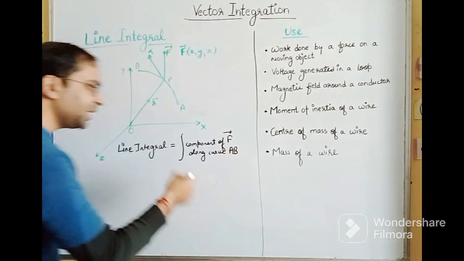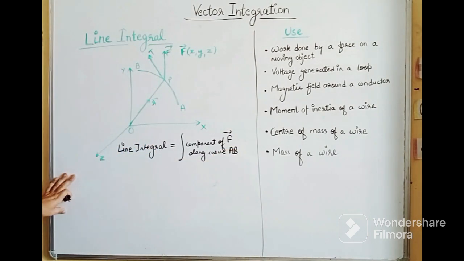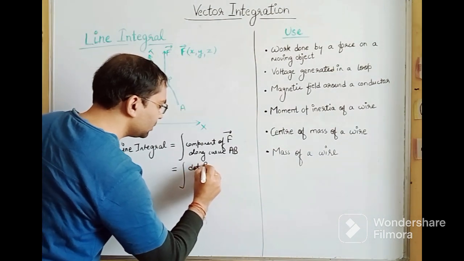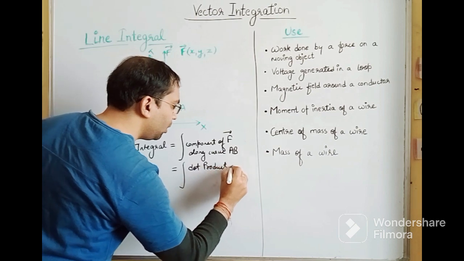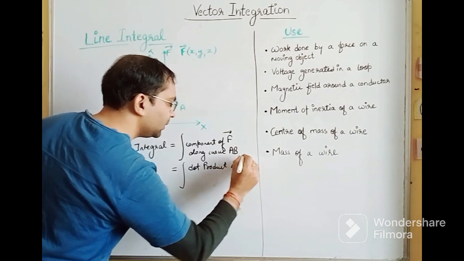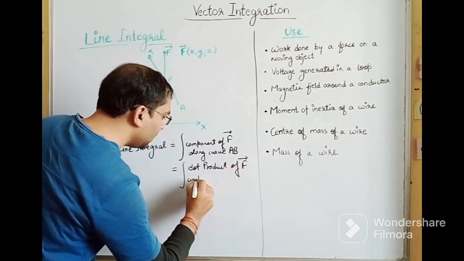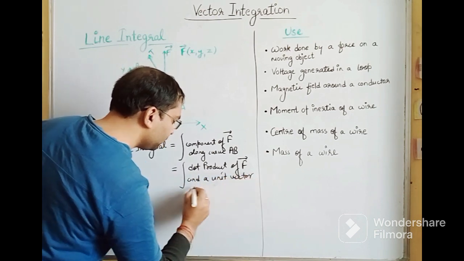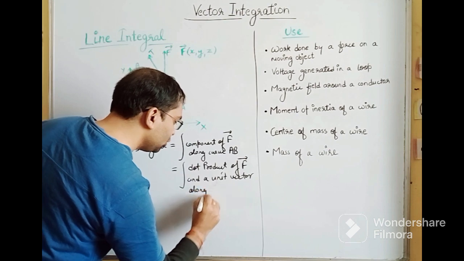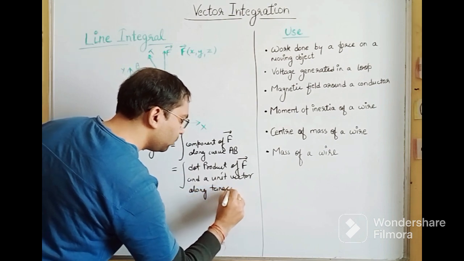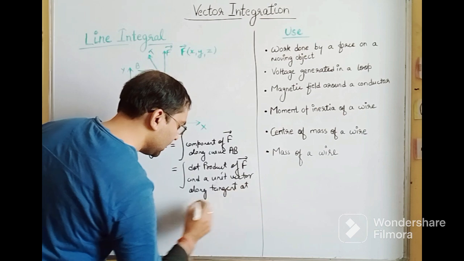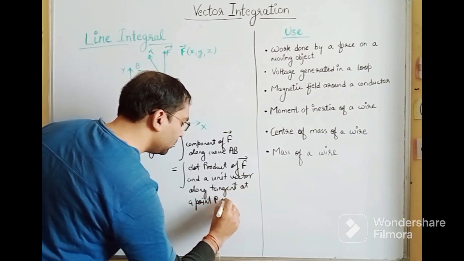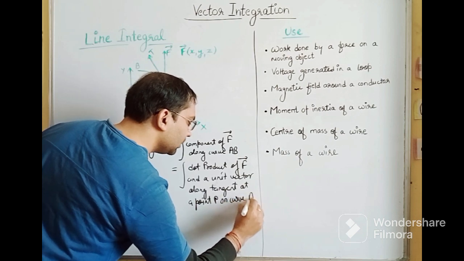This can be redefined in terms of the unit vector, which will be the dot product of the vector f and a unit vector along the tangent at a point P on curve AB.